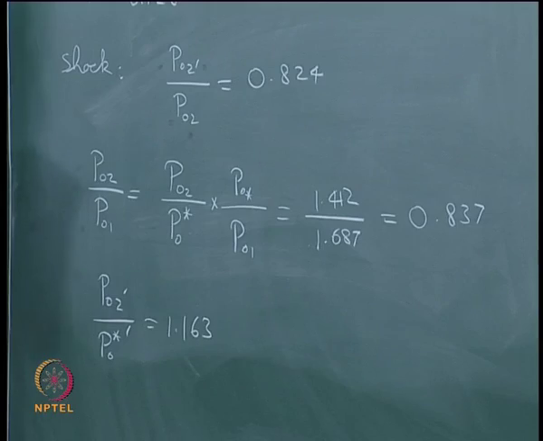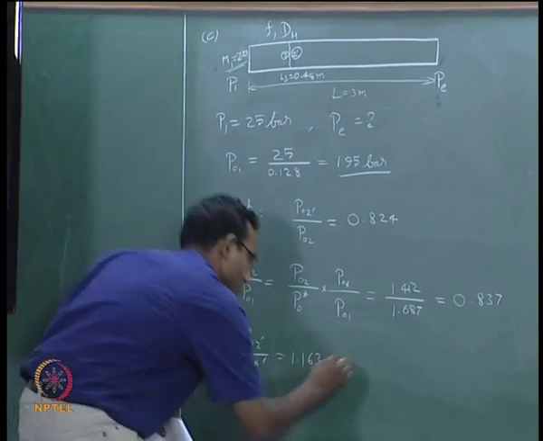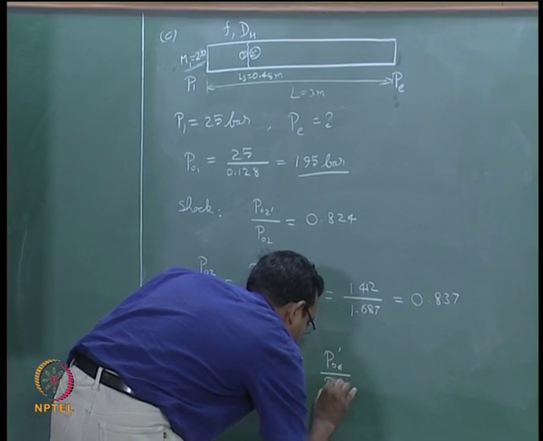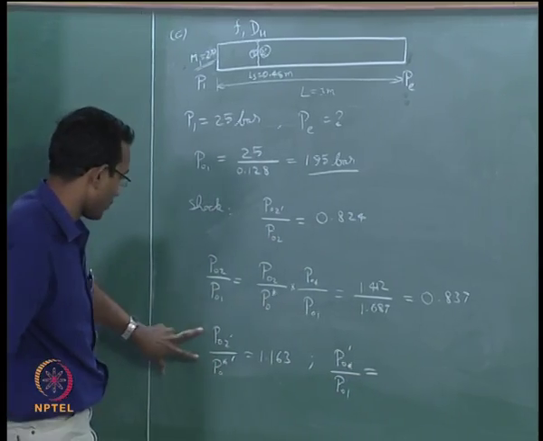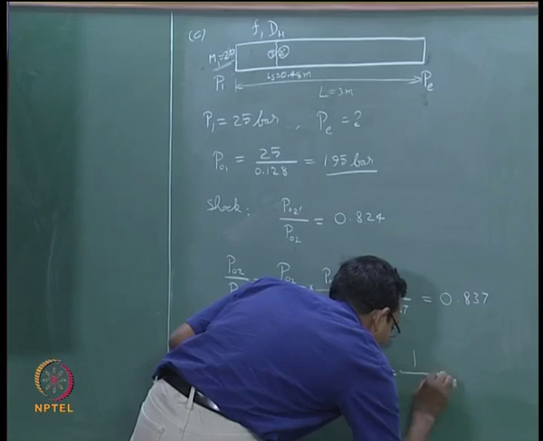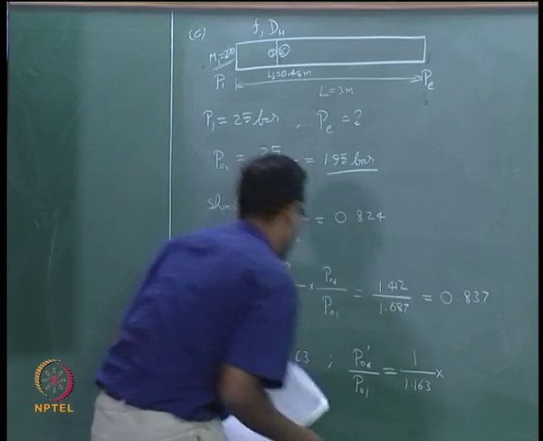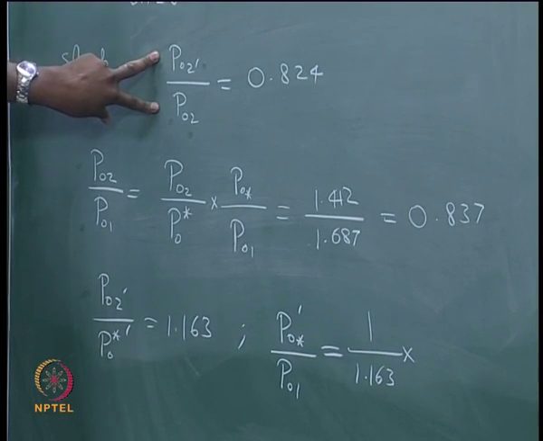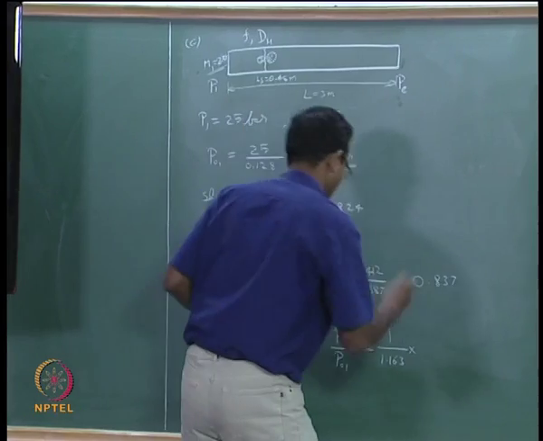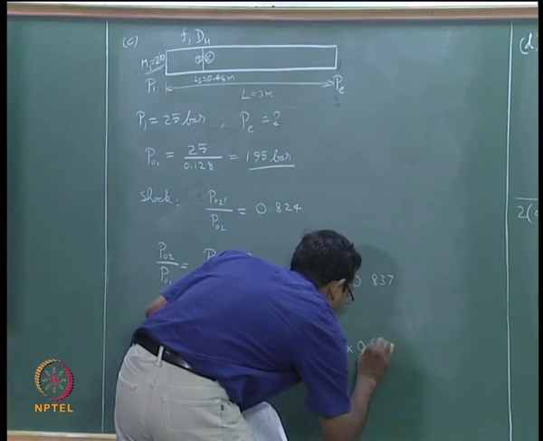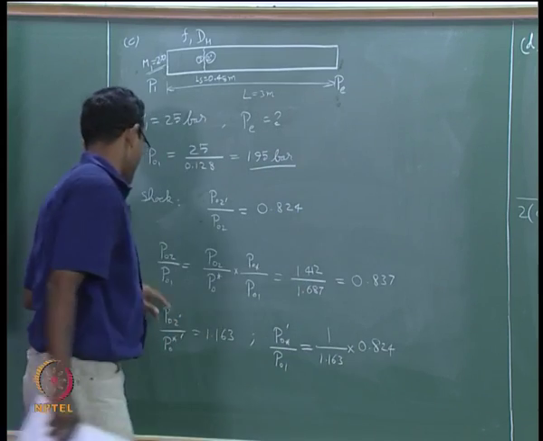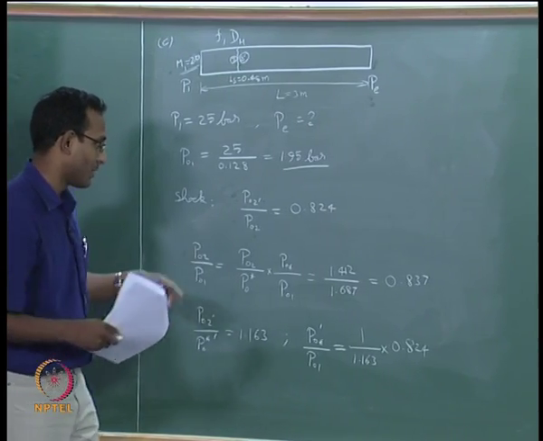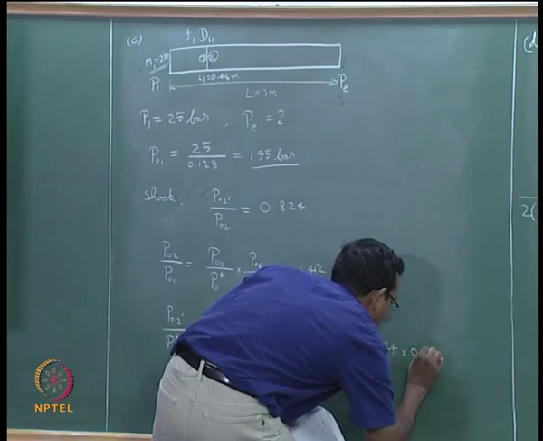That is what you need to do. So, I will take the reciprocal, 1 by 1.163. Now I have P02 prime at the denominator, I multiply it with 0.824 to get P02 at the denominator, and then I multiply with 0.837 to get P01 at the denominator, which is what I want.